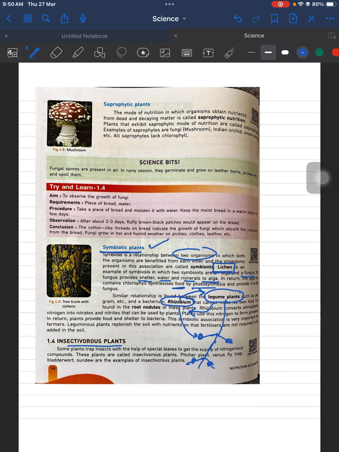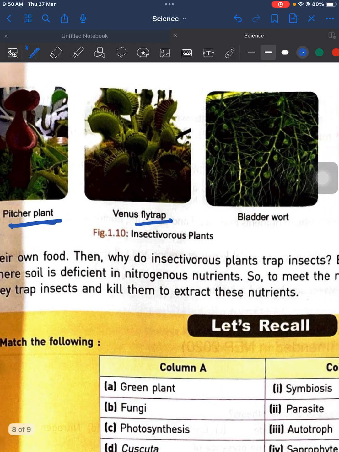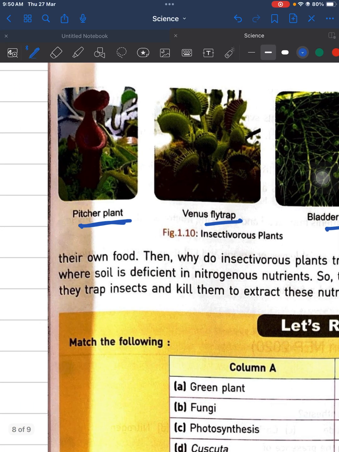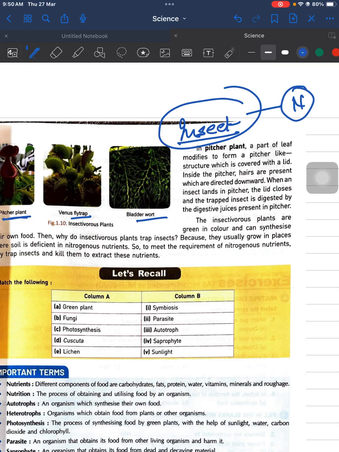Next is insectivorous plants. There are different examples like pitcher plant, Venus flytrap and bladderwort. These plants have the ability to capture insects, and they digest these insects and take nitrogenous nutrients from them, because these plants grow in soil where nitrogenous nutrient is absent.